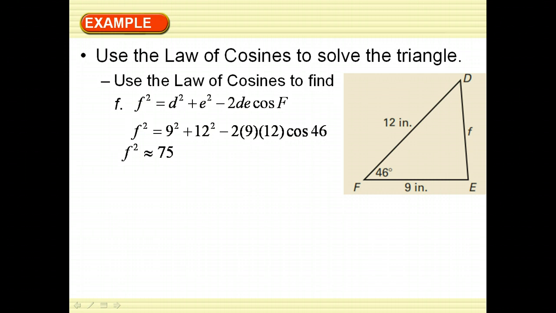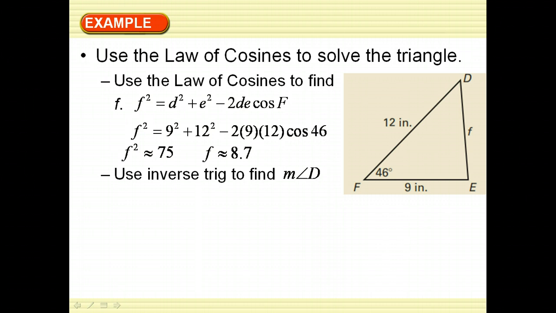That would tell me that f squared is approximately 75, so then I could take its square root and get approximately 8.7. Now to find the measure of angle D, I don't want to use things that I'm not sure about, so let's get the measure of angle D by using my inverse trig. I have the opposite and the hypotenuse.